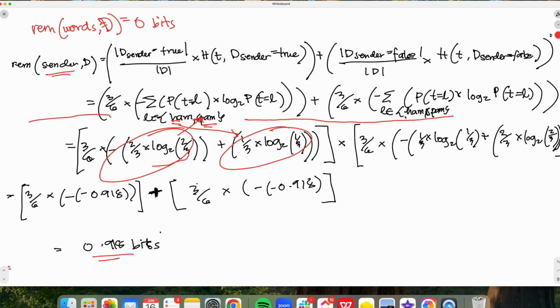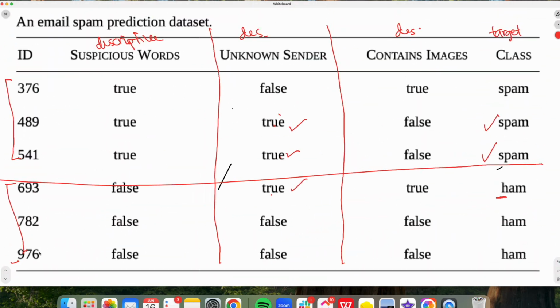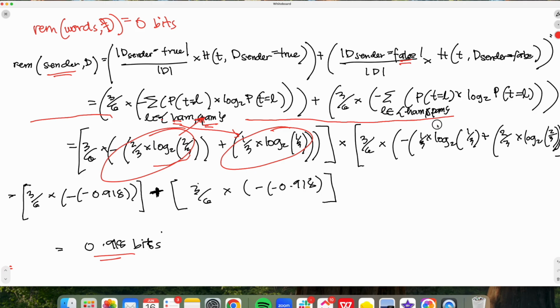Same happens for when it's false. So let's say we have x. We have 1, 2, 3 false. And how many of the target equals spam is in false? So we have 1 only. That's why we have 1 over 3 here for spam.